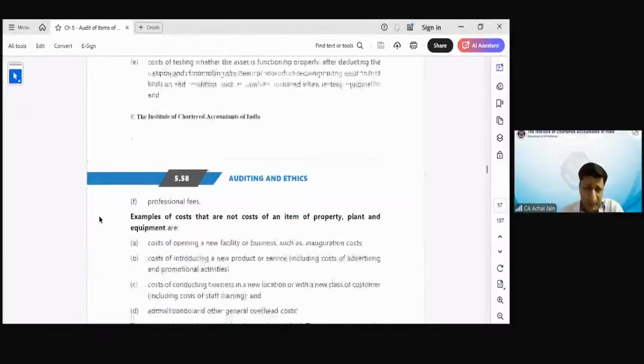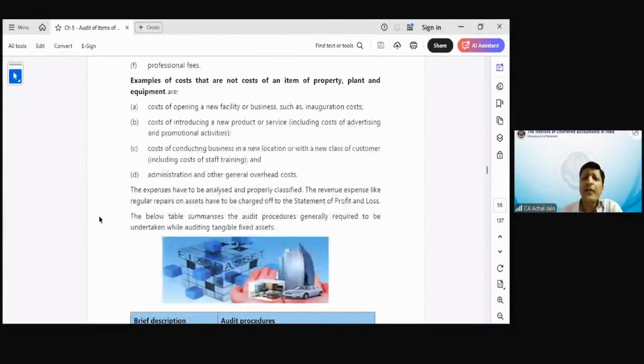Now, these costs are required to be loaded on the PPE. When it comes to the cost component, you need to check that the cost should be the one incurred in relation to acquisition, manufacturing or construction of that item of PPE.